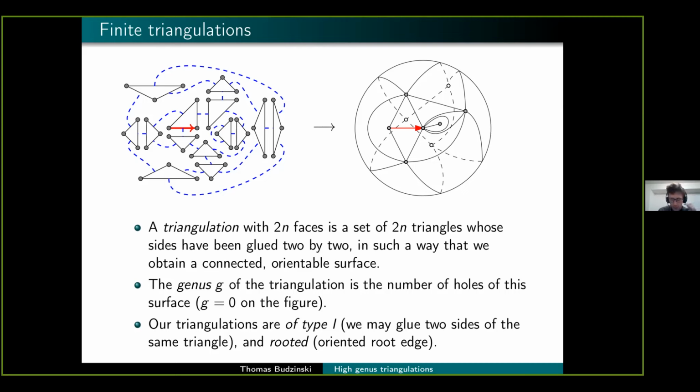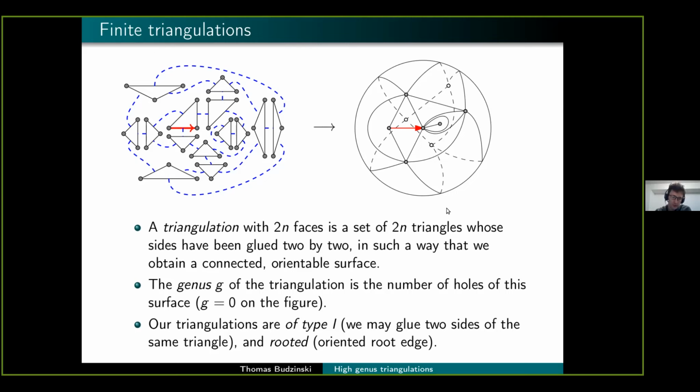For technical reasons, in this talk I'm only going to consider triangulations of type 1, which means it's allowed to glue together 2 edges of the same triangle. For example, this happens once in the picture, in this triangle in the middle. The consequence is that in my triangulation on the right, I get a loop, which is an edge joining a vertex to itself.